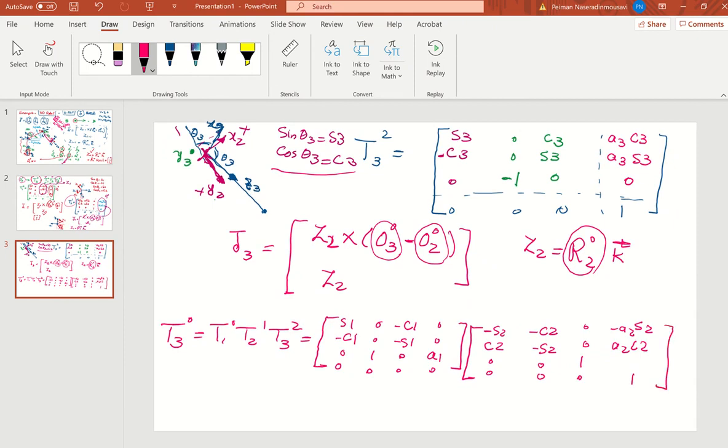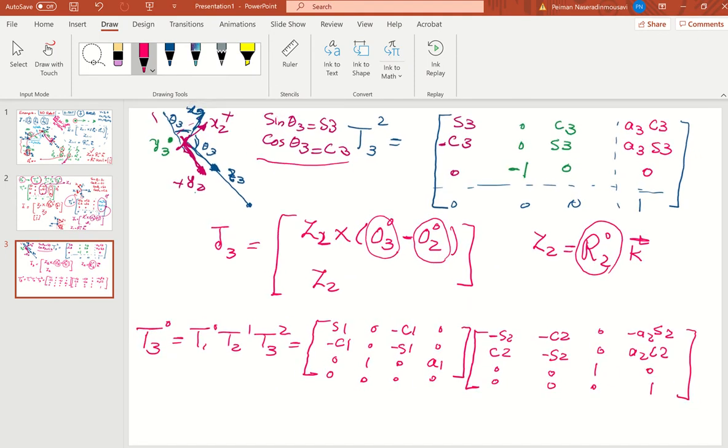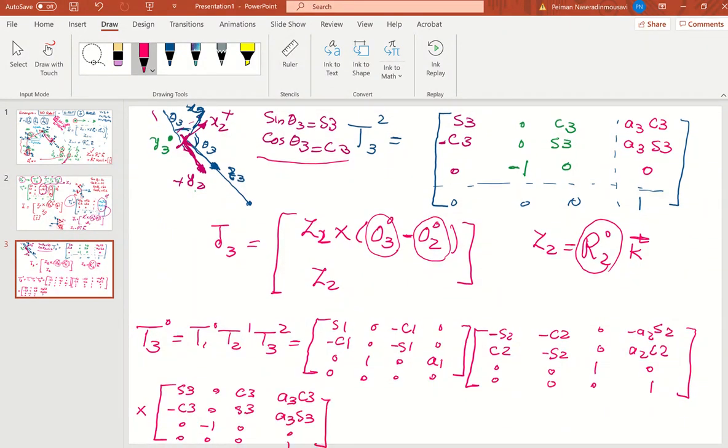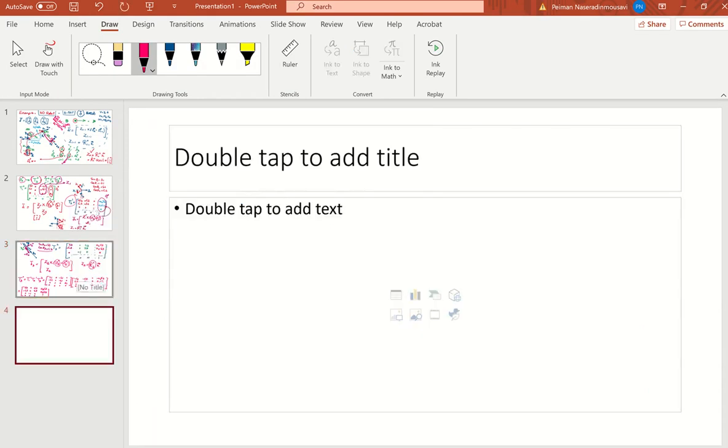And you have it multiplied by T3 with respect to 2, which we calculated from here: S3, minus cosine 3, 0, 0, 0, 0, minus 1, 0, cosine 3, sine theta 3, 0, 0, A3 cosine 3, A3 sine 3, 0, and 1. Here we go. Now, you have to go one by one. So, if you do that, this is what you get.